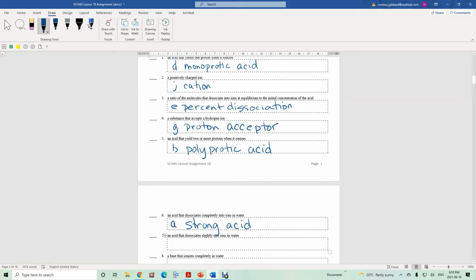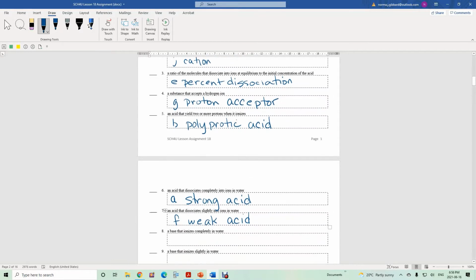Number 7, an acid that dissociates slightly into ions in water, and that is F, a weak acid. Number 8, a base that ionizes completely in water, and that is C, a strong base.